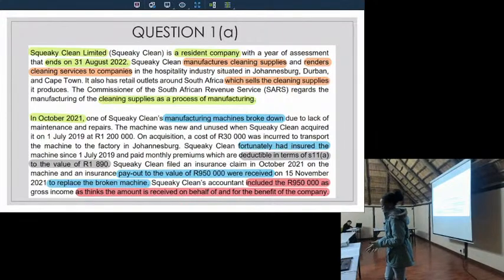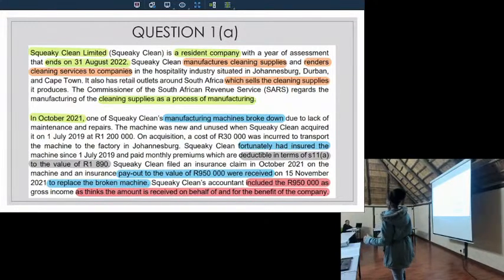As a resident company, what else do we know about companies? How are they taxed? Do we use tax tables to determine their normal tax payable? Which rate do we use? We use the rate of 28%, right? Unless it's a small business corporation. We will deal with it at a later stage. Don't worry.